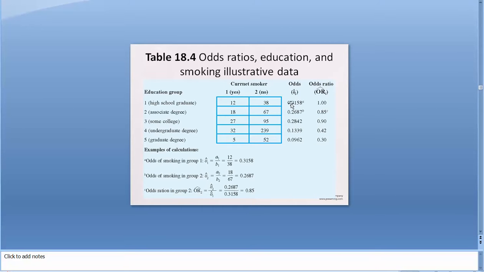Okay, so now let's see how that works. Now see in here they have done odds ratios for the education level, and they have used the reference group to be the first one. So all they are doing is they are comparing each of these with the high school.